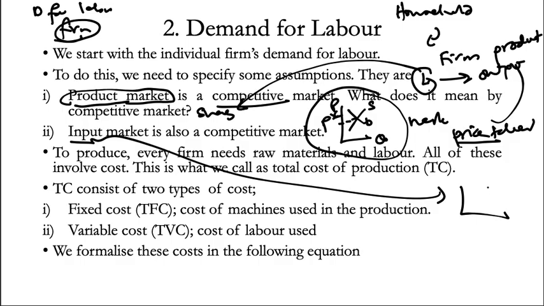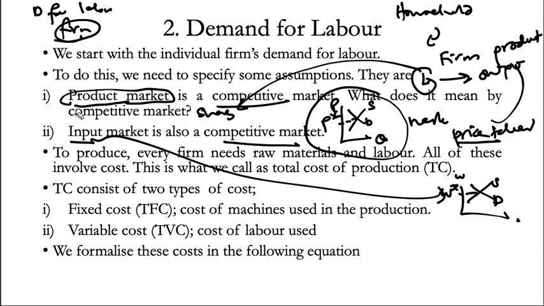This firm is not the only firm that demands labor. There are many other firms that also demand the same labor for their own production, regardless of whether they produce shoes or whatnot. You get what I mean here? So in this case, we have demand and supply for labor as well, and it is competitive. So the price of labor, which is the wage rate, is determined by the market forces. Okay, is it clear? All right.